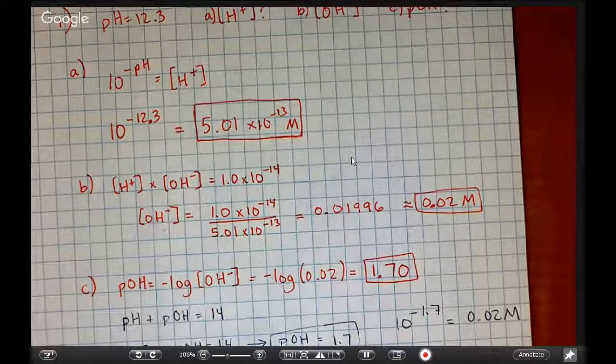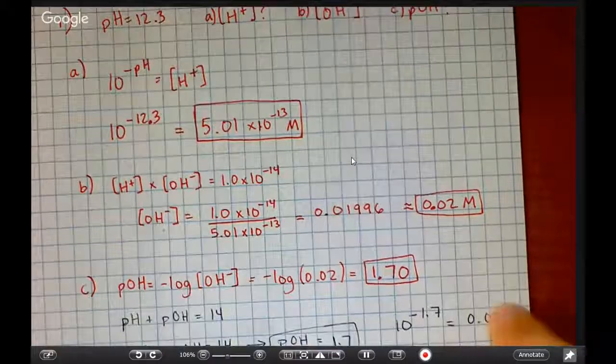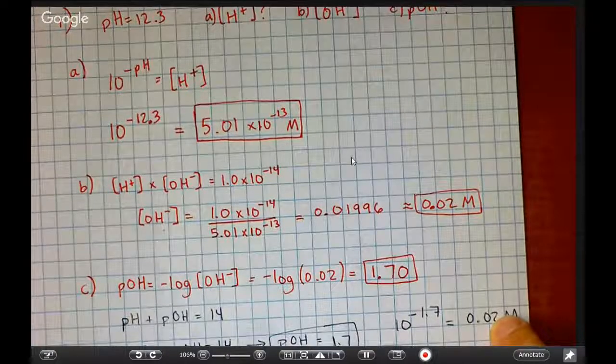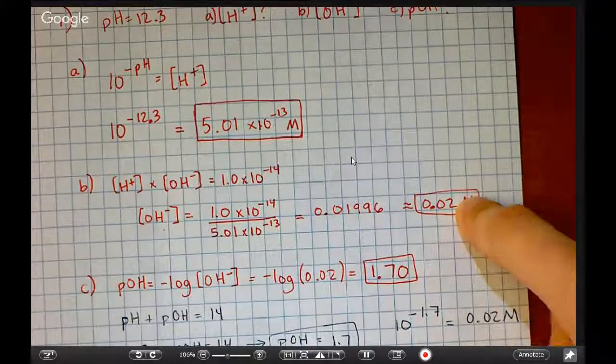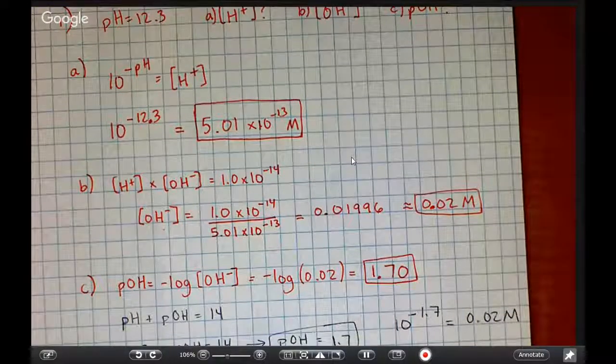And if you wanted to solve B at the end, we could do the inverse log of negative 1.7, which would get the 0.02 molar that we found in B. So the point of all that is we could go ABC, or we could have gone ACB. The order doesn't matter because in the end, numerically, we end up with the same thing.